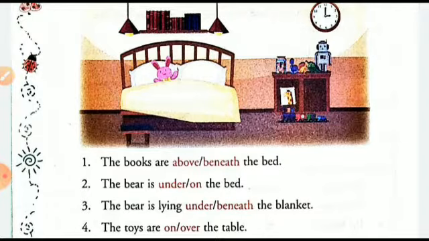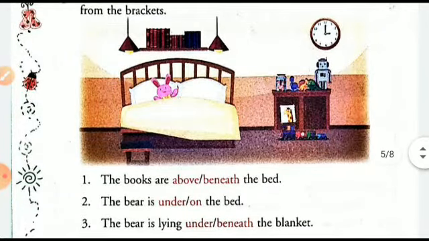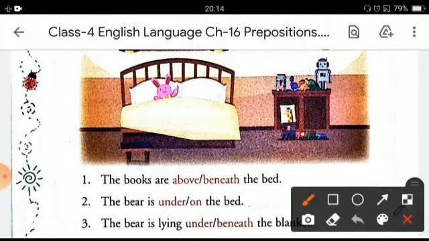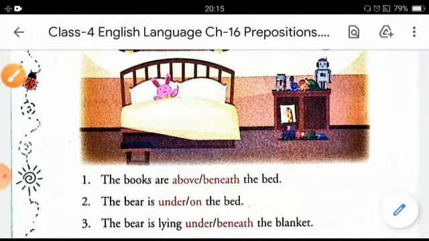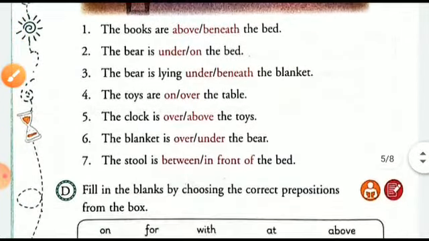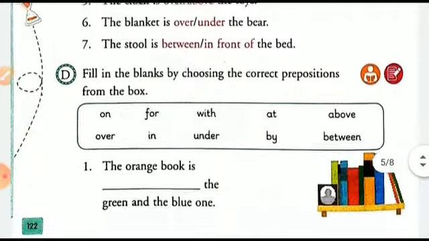The books are above the bed or beneath the bed, and the answer is the books are above the bed. Second one is, the bear is under the bed or the bear is on the bed, and the position of the bear is on the bed. So in this way, after seeing the picture, we can choose the correct prepositions and complete our sentences.